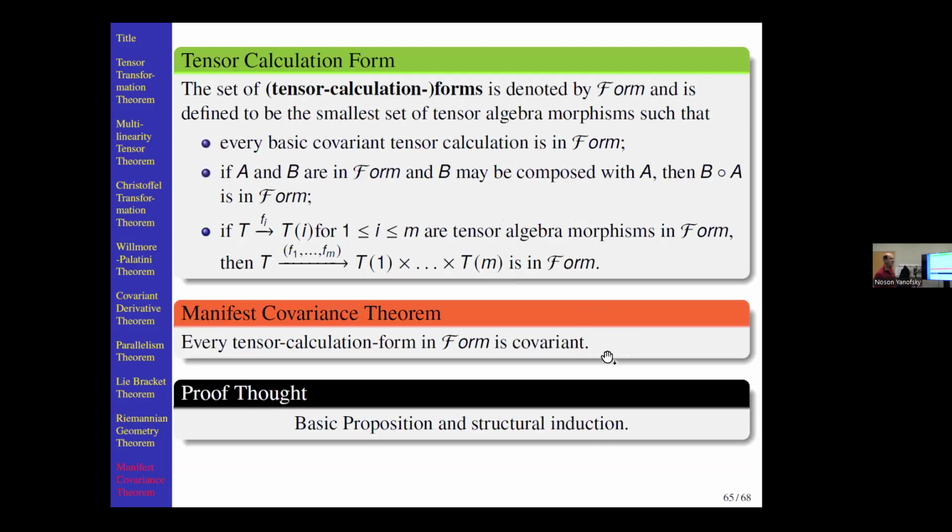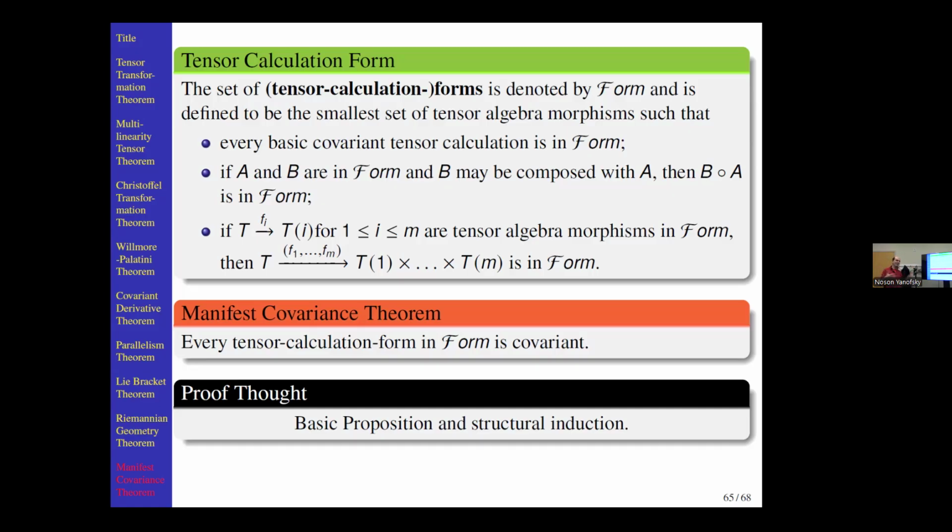So let me give a little language for it. A tensor calculation is one of those things where I showed F1 times ... Fn going to G, a natural transformation. That's the form of a calculation. It's natural. Category theory. And so you have my favorite kind of theorem.